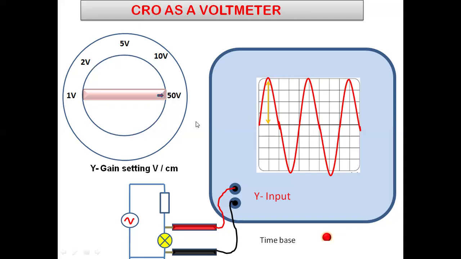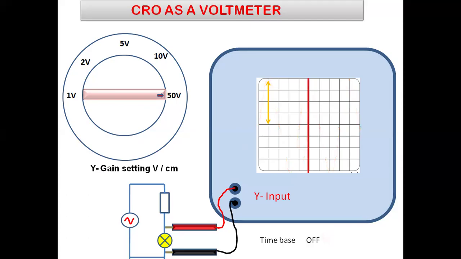Setting is 50 volt. And when we turn the time base off, this waveform will disappear and we will get a vertical line of the same peak value. 4 boxes above the middle line, 4 boxes below the middle line.